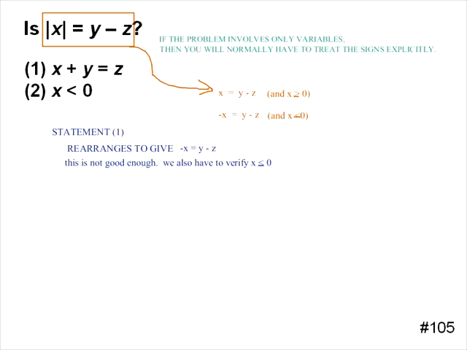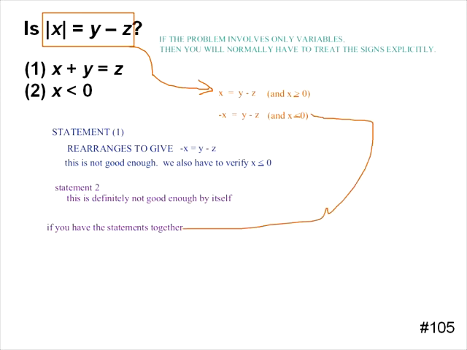But then from here, it actually gets much easier. If you have statement 2, this is definitely not good enough by itself. If you have the statements together, then it's exactly what we're looking for. It's this precise condition.